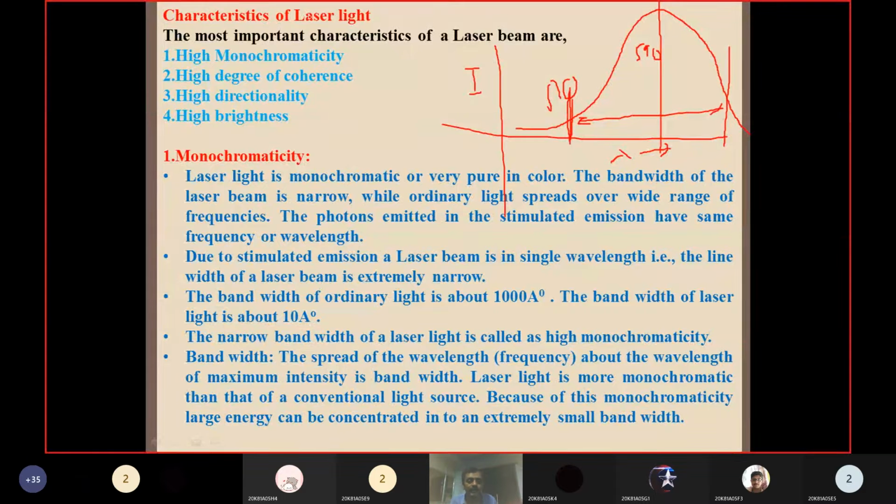Now we will observe how the bandwidth is in the case of laser. If you take a laser, the bandwidth will be very sharp.